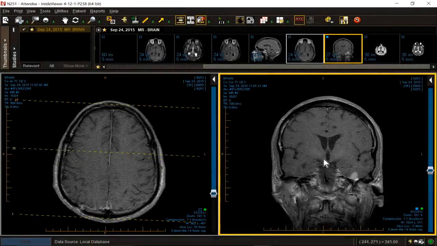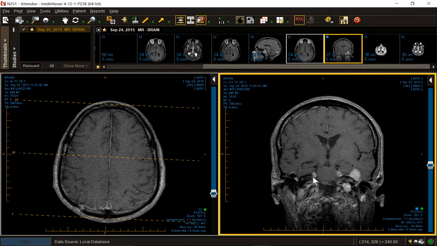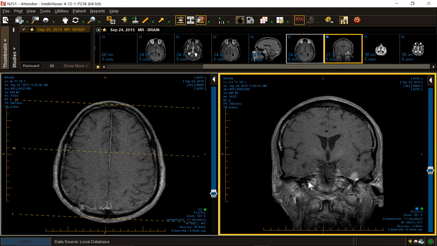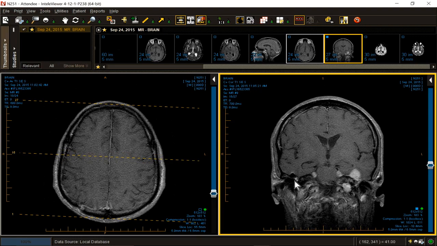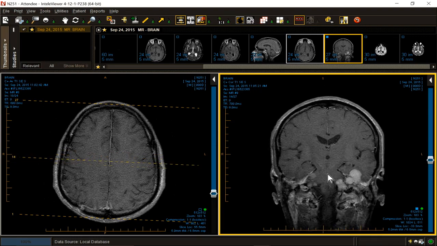There's about a 50% chance your registrars will get shown in NF2. All right, so for instance, right there, we all know that the fifth nerves come out right there. Bilateral fifth nerve schwannomas. He's already had intracanalicular schwannomas that have been resected. It looks like he may have a schwannoma of the cochlea. Not uncommon, by the way.